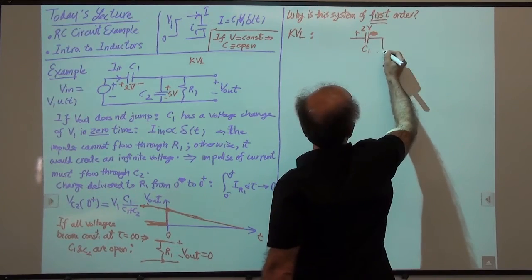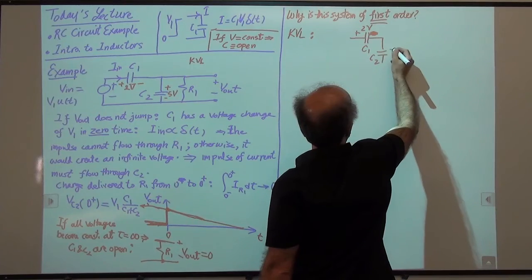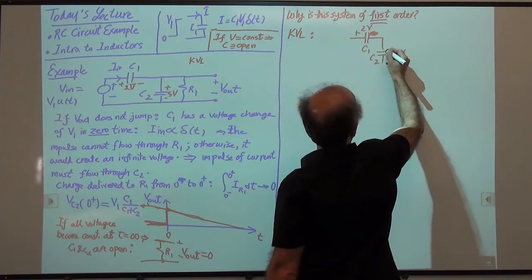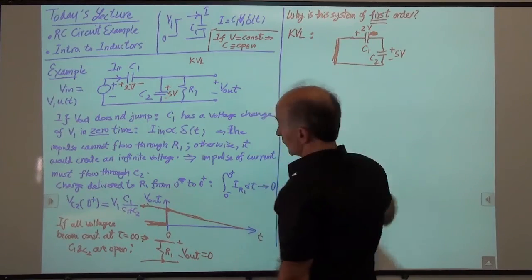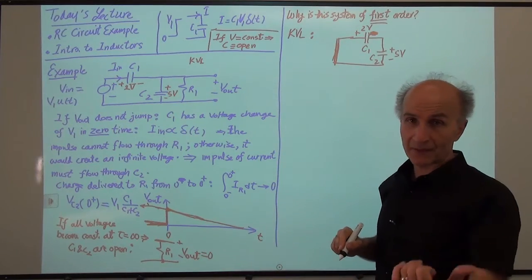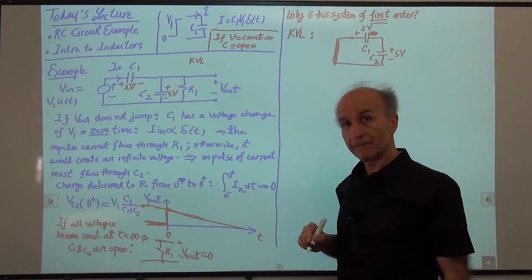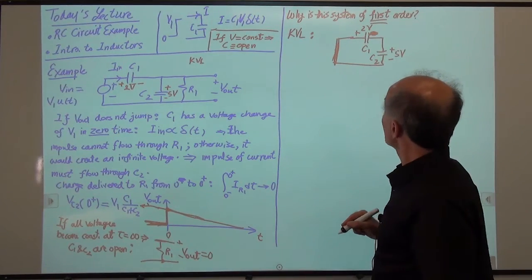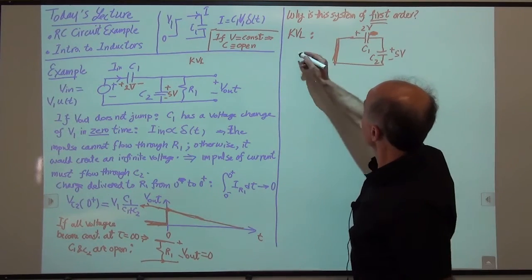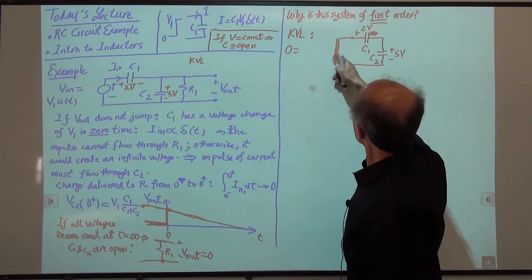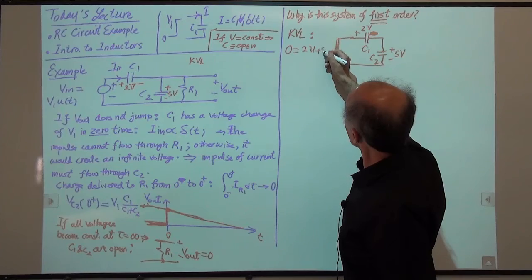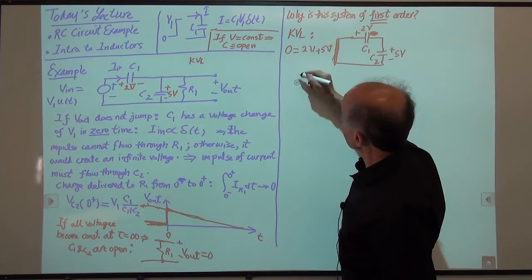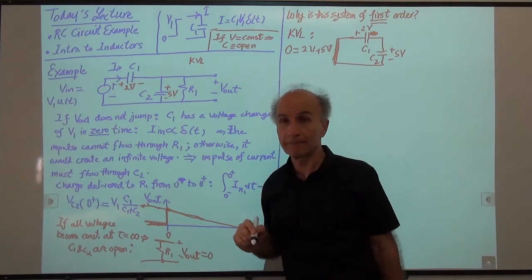I have C2 with 5 volts on it, right? And I have 0 because we are talking about time 0 minus, before the step comes in. So a KVL here says 0 is equal to this plus this, 2 volts plus 5 volts. So you see that we have a problem.